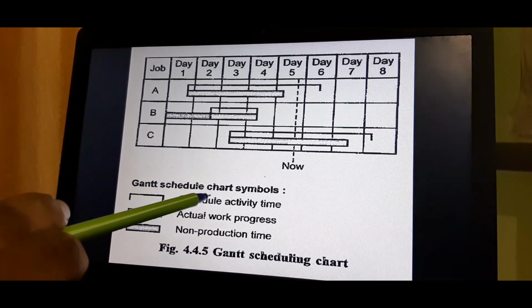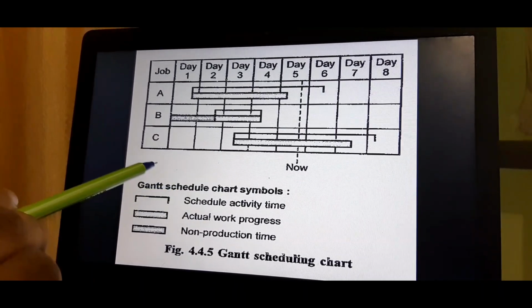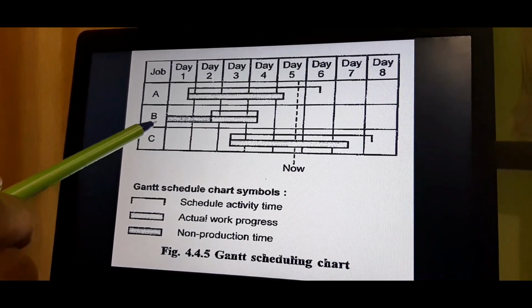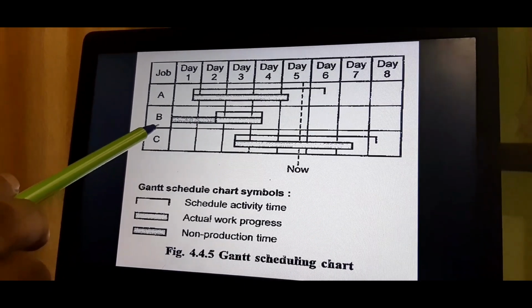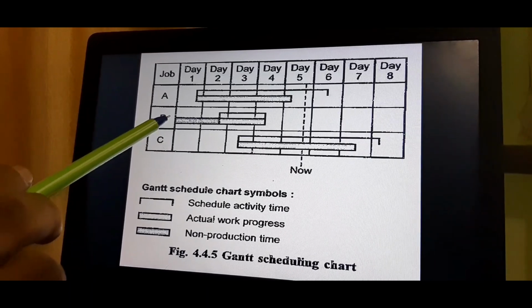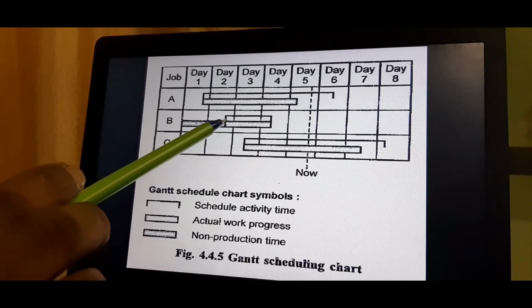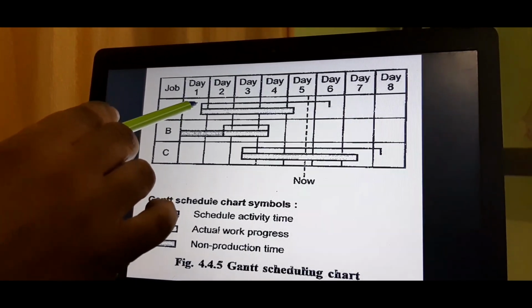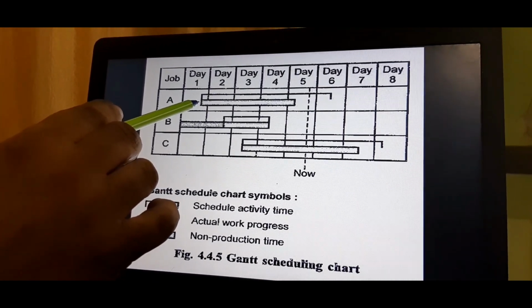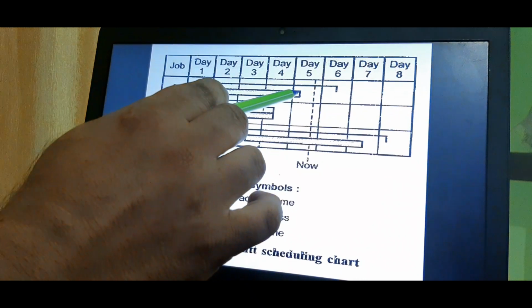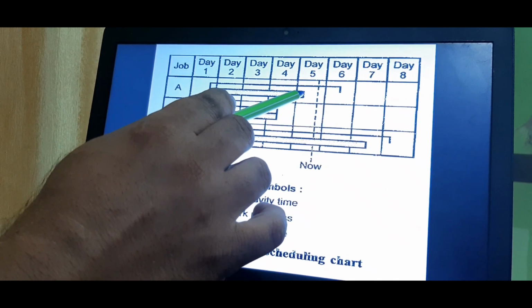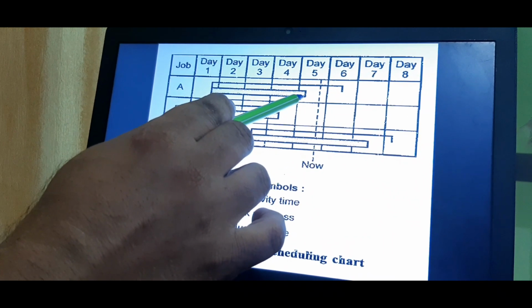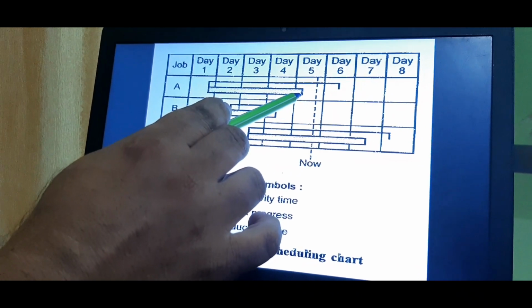Now let us see the result of observation from the chart. Job A is about half a day behind the schedule. From the sketch it is very clear the job starts at day 1 and finishes at day 5. At the half of the day the job is finished.